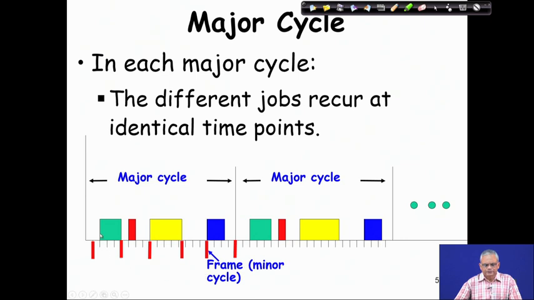So, basically the cyclic scheduler stores the schedule for one major cycle which may have some number of frames, maybe let us say 12 frames, and then the schedule table will have 12 entries, and each entry will identify which task or which program to run. Tasks are basically programs in these simple schedulers. So, the first one program 1, program 2 next, etc., are to be run.